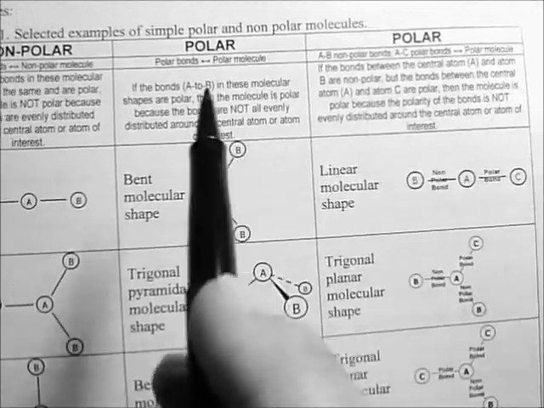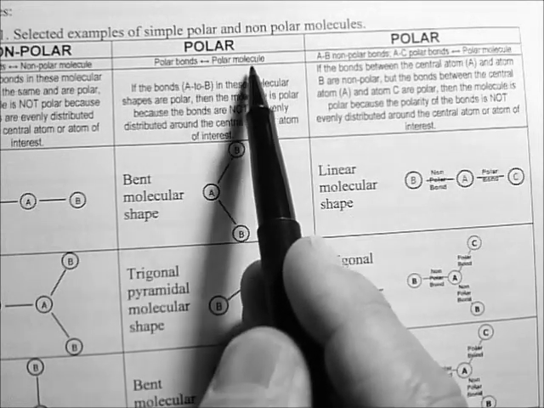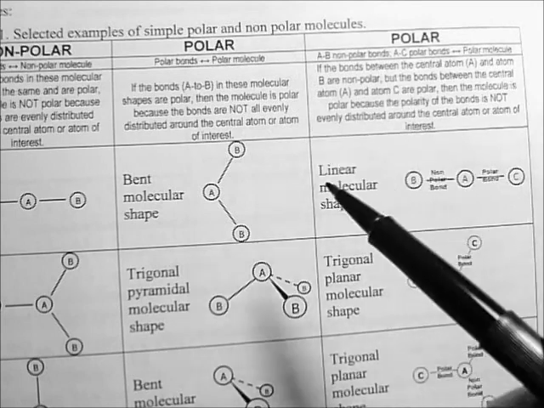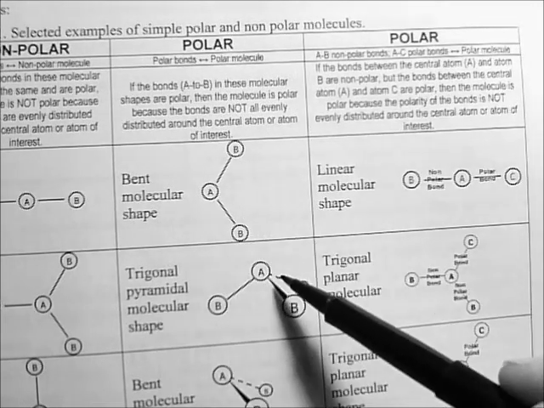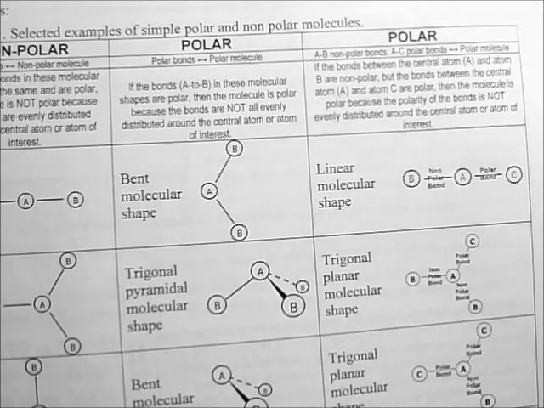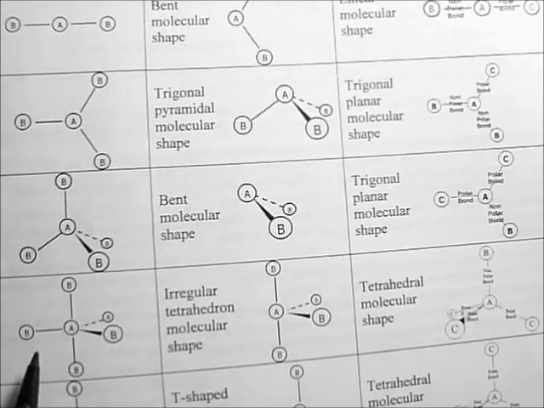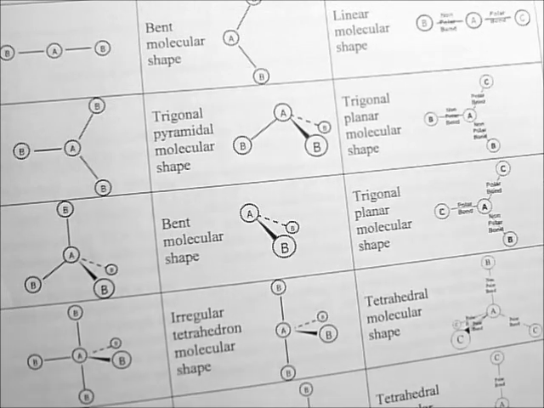Here it's saying if the bonds are polar, then you have a polar molecule if the shape is bent or trigonal pyramidal. Now, in this class, we don't really get into these more complex molecules in these last three rows down here.